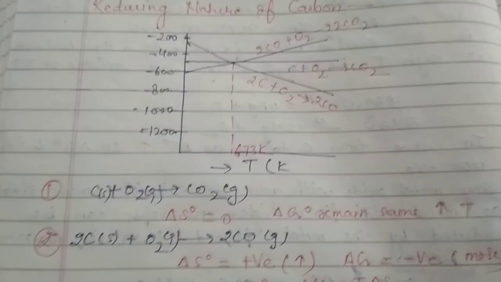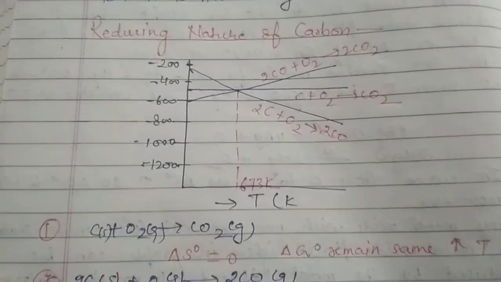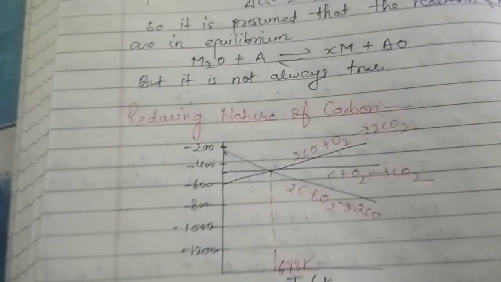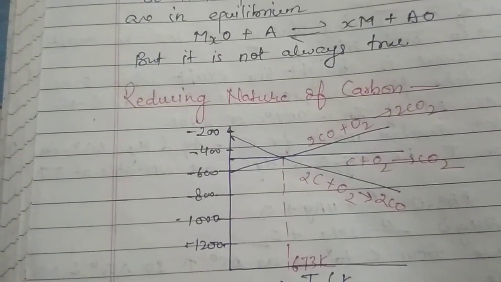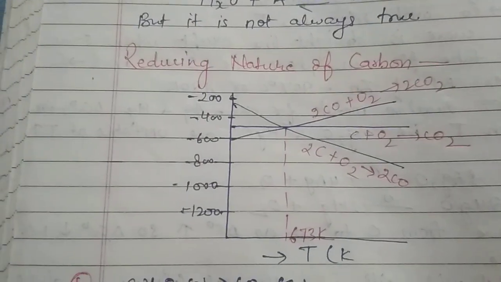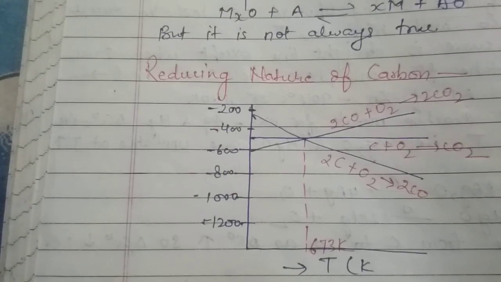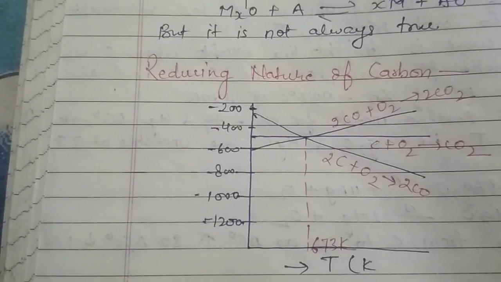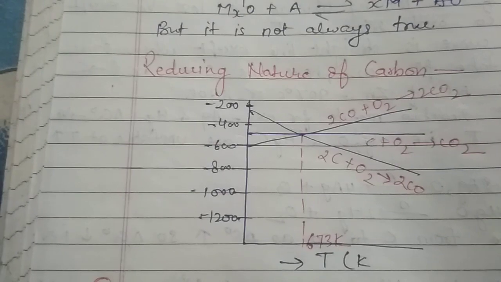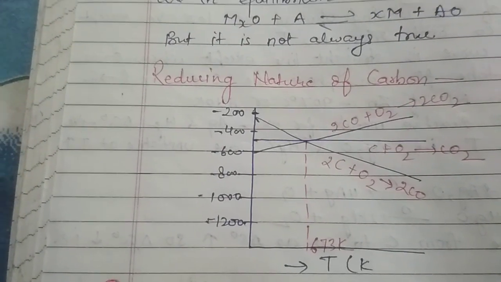Now let's see the reducing nature of carbon separately in the Ellingham diagram. As we have already studied, in pyrometallurgy, if we are using carbon as a reducing agent, then it is termed the smelting process. And there are three possibilities if we are using carbon as a reducing agent.